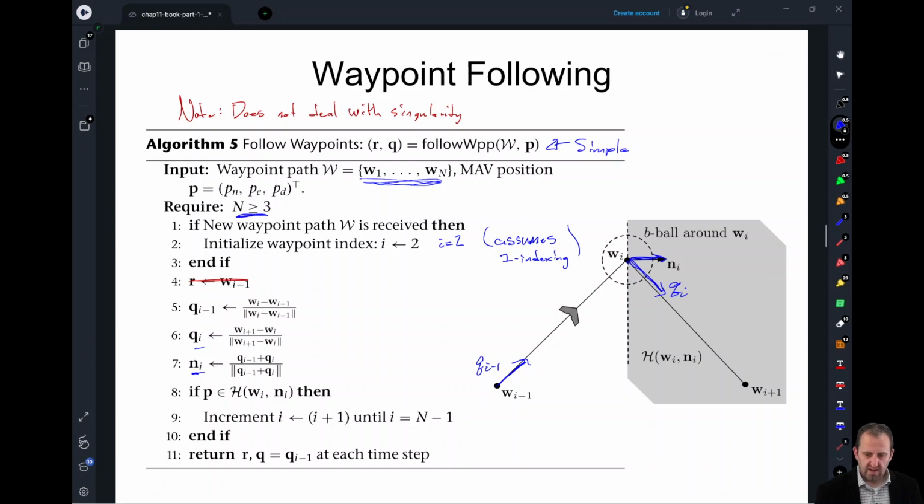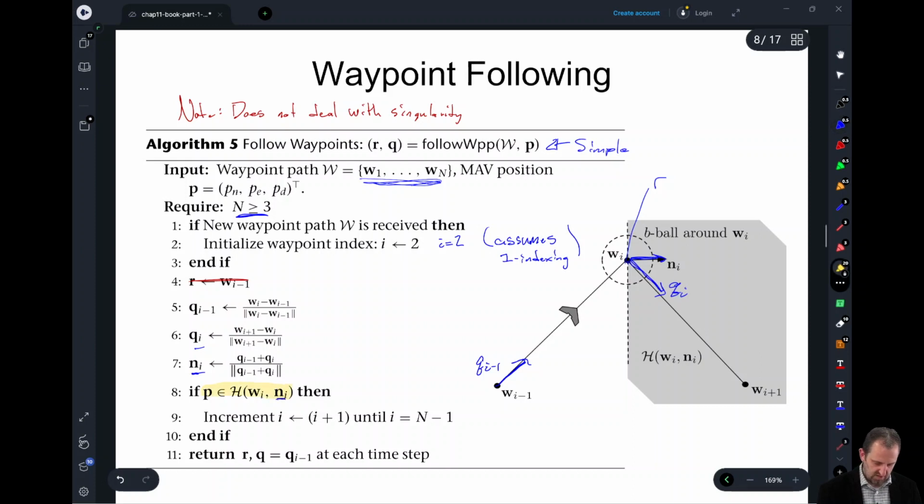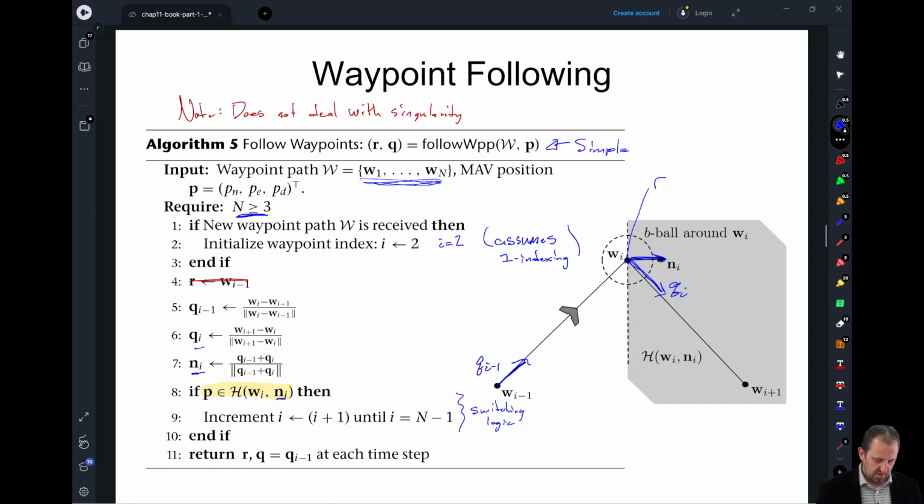And we define then our switching half plane, where we're going to switch based on wi. So that would be what we normally say is our r value. We switch based on wi and the vector ni. So if our point is in this half plane, so this is really important. This is when we switch. This is our switching logic. If our point is in the half plane, then we increment i to be i plus 1.